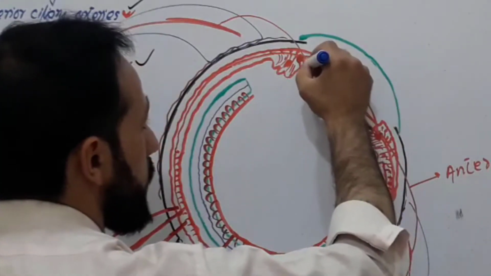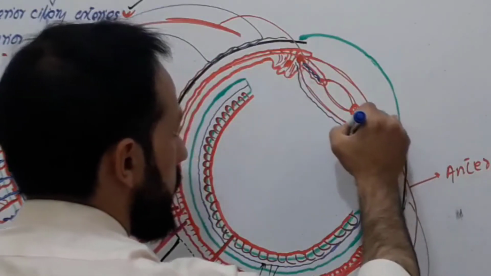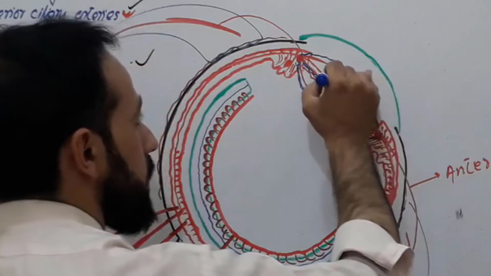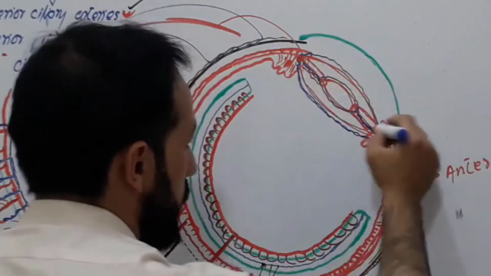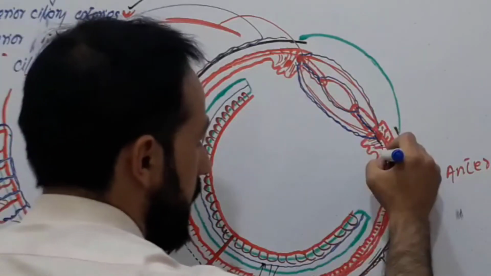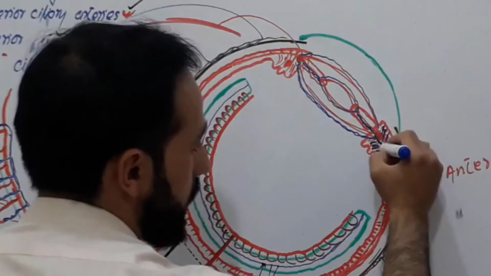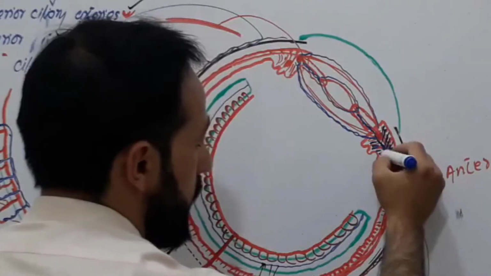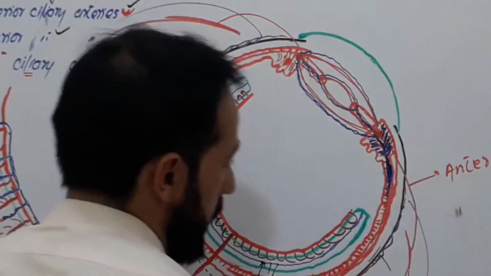These are the venous channels of the major ring, and these are the venous channels of the minor ring, and they will unite and collect all the deoxygenated blood from the iris, the iris muscles and the cells. From here all these venules and veins will collect from the muscles of your ciliary body. So these venules will collect the deoxygenated blood and unite together.